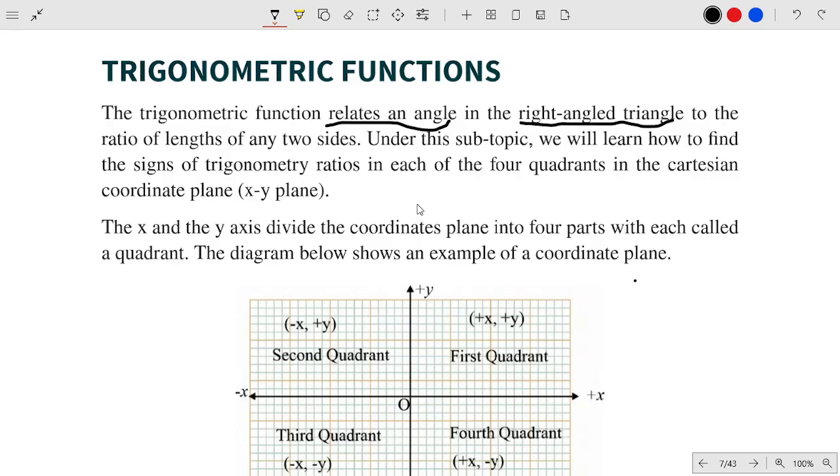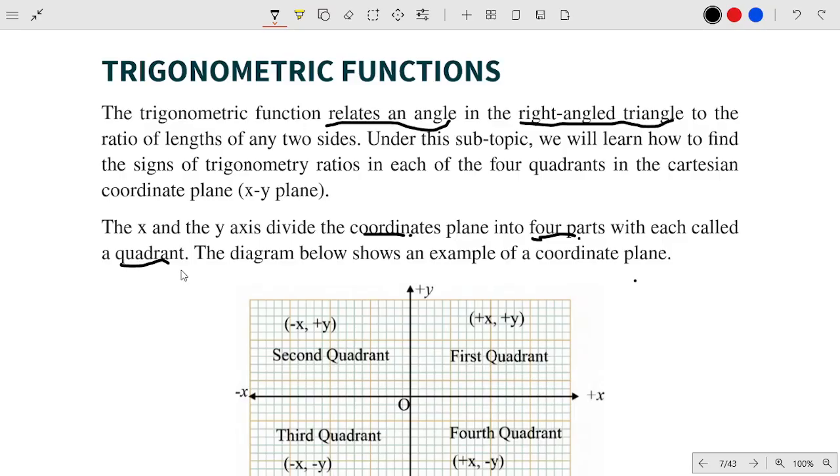So we are going to make use of the Cartesian coordinate plane, the xy plane. The x and y axes divide the coordinate plane into four parts, with each called a quadrant.